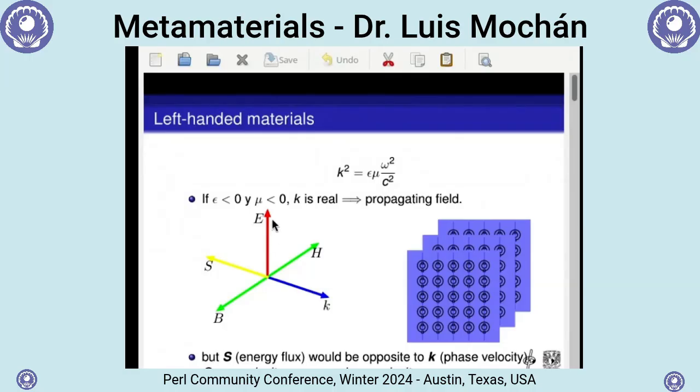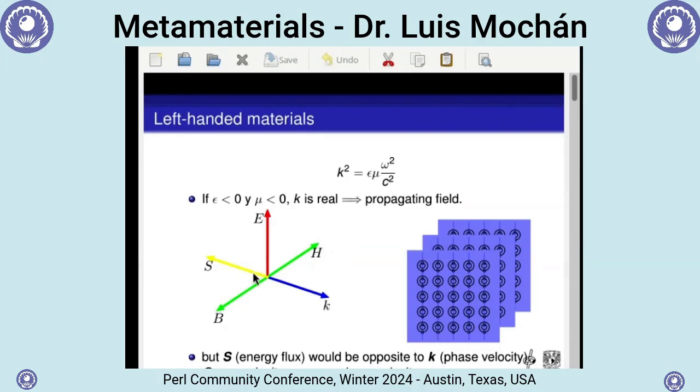From electromagnetic theory, from Maxwell's equations for the electromagnetic field, it turns out that the electric field, the magnetic field, and the wave vector, the direction of propagation of the phase, form a right-handed system. That means that if you move the fingers of your right hand from the electric field toward the magnetic field, your thumb points in the direction of the wave vector.